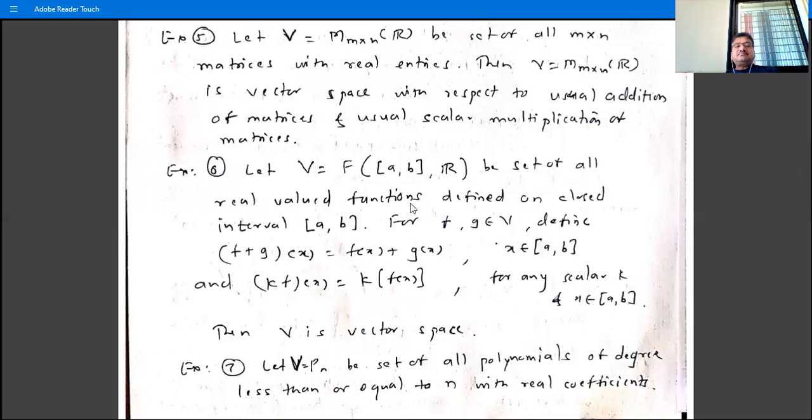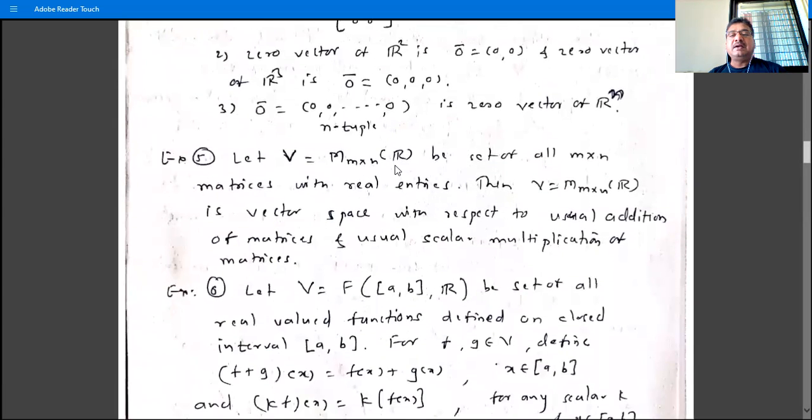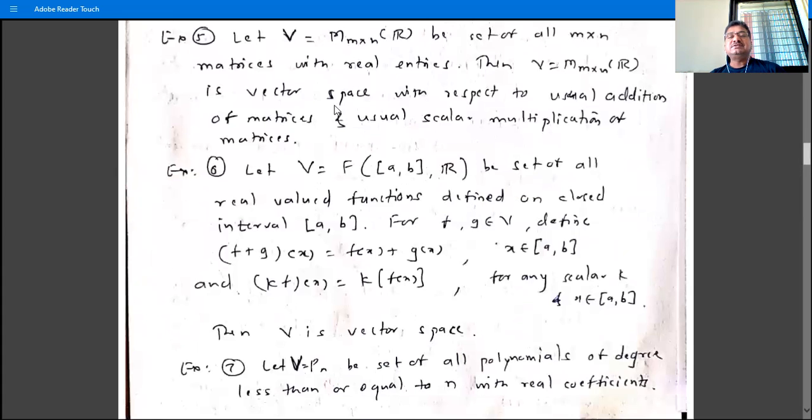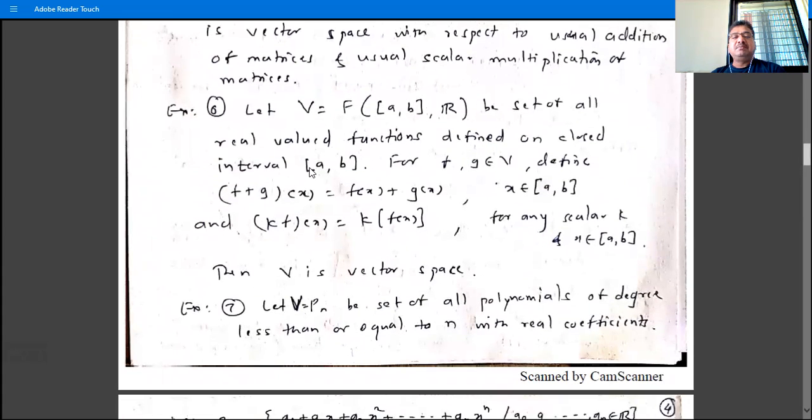That is, this V is the set of all functions. This M2 by 2 R or M by N R is a set of matrices, the vector space of matrices. Like that, in example number 6, V is a vector space of functions.